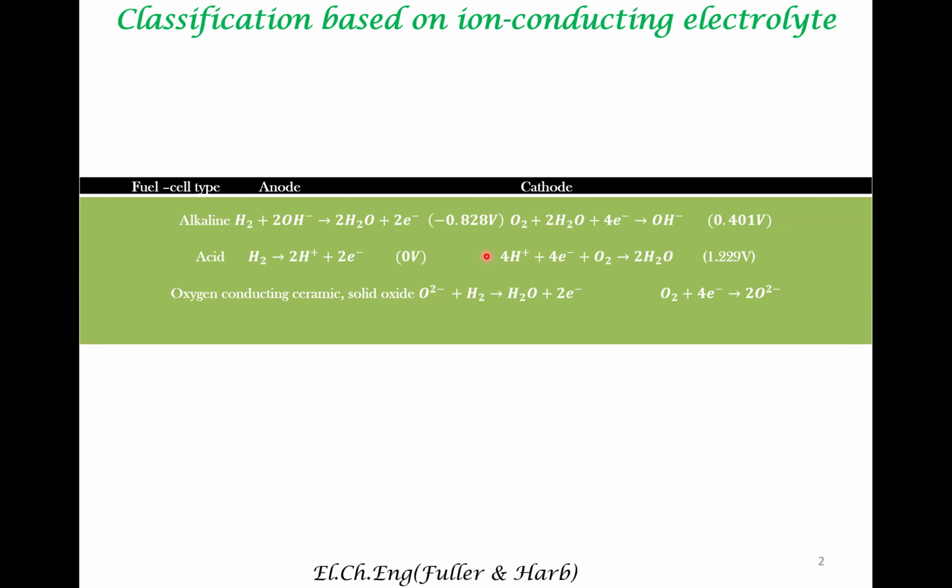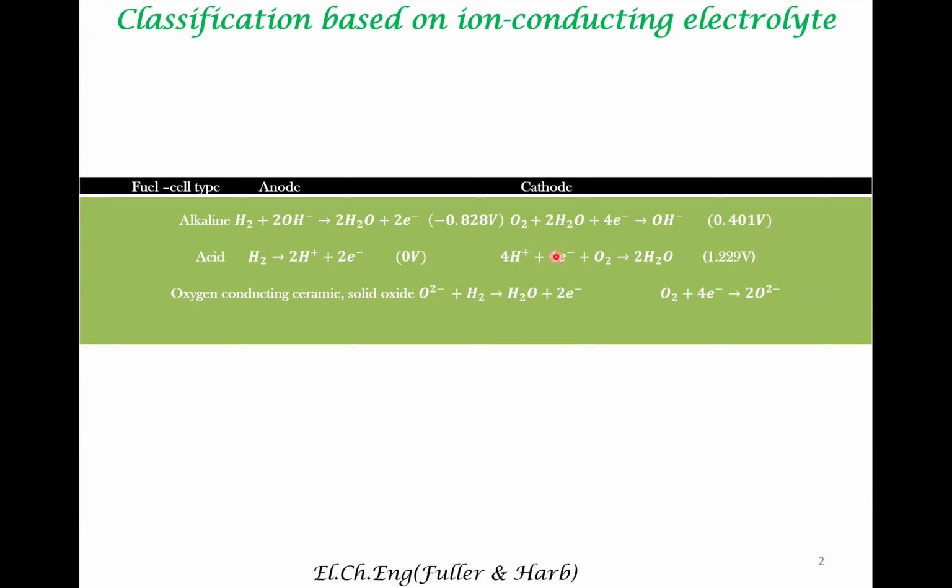In the low temperature cases, you may still increase the kinetics by using electrocatalysts, which involve noble metals. Precious metals are utilized for electrocatalysis of oxygen reduction, which significantly increases the cost.